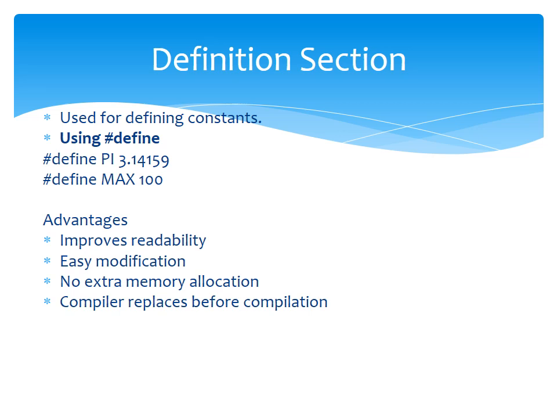Wherever you want to use pi, you can use it as pi. So what are the advantages? It improves readability and easy modification, no extra memory allocation is needed, and the compiler replaces it before compilation. So it's easy to maintain, easy to program, as well as to read.